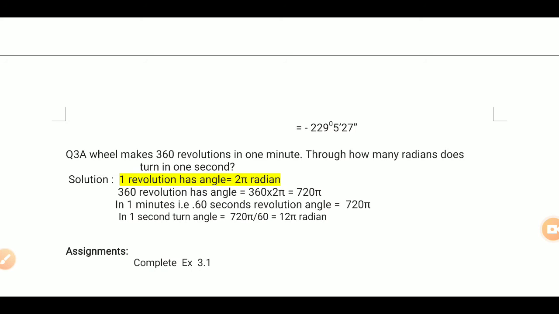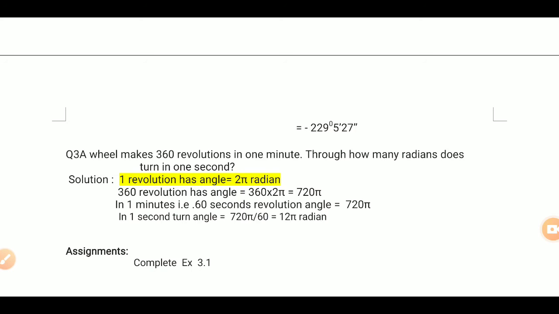So in 360 revolutions the angle will be 360 into 2 pi, that is equal to 720 pi. These 360 revolutions are in 1 minute. That means in 1 minute, or you can say in 60 seconds, the revolution angle is 720 pi. So in 1 second the turn angle will be 720 pi upon 60, that is equal to 12 pi radian.